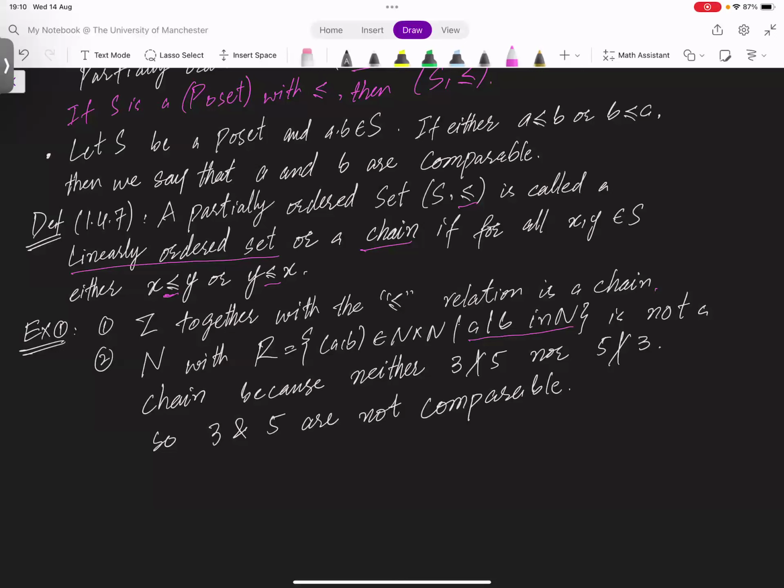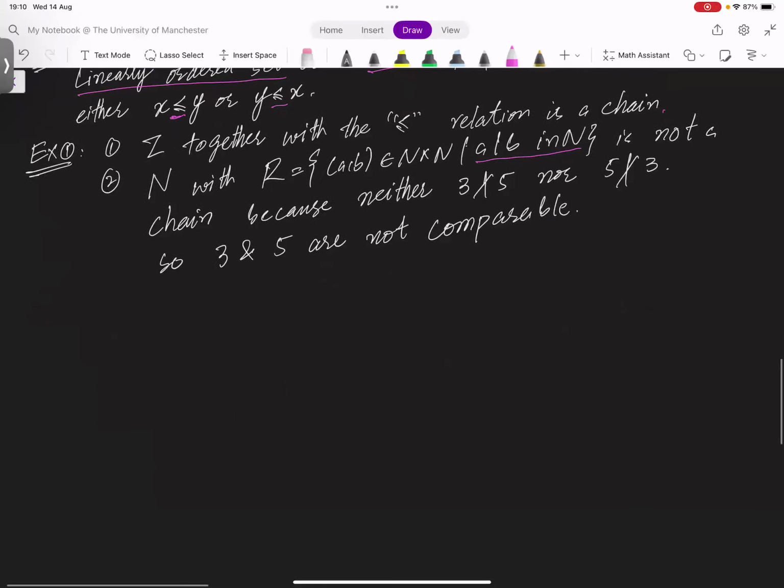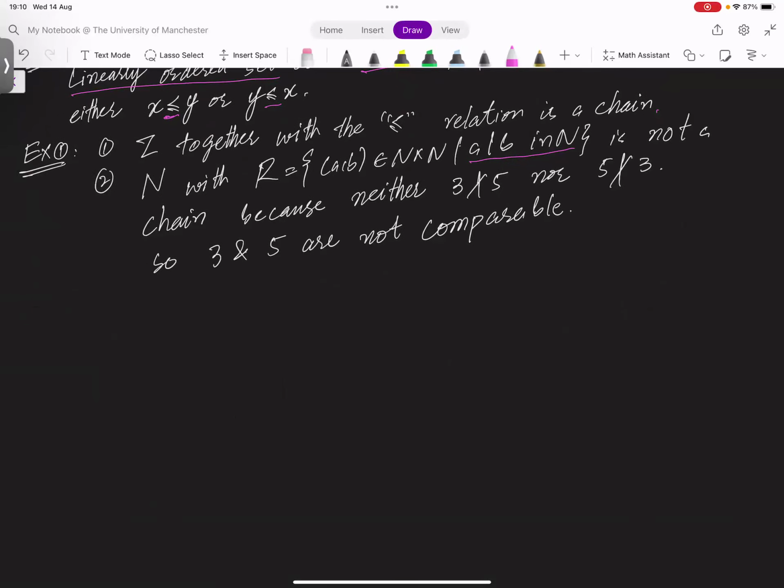But over here, in the second example, we are taking two elements from N, and then we are saying A divides B. So not all the elements inside the natural numbers divide each other. That is why we cannot say that N with this relation is a chain or linearly ordered set, because these elements are not comparable.